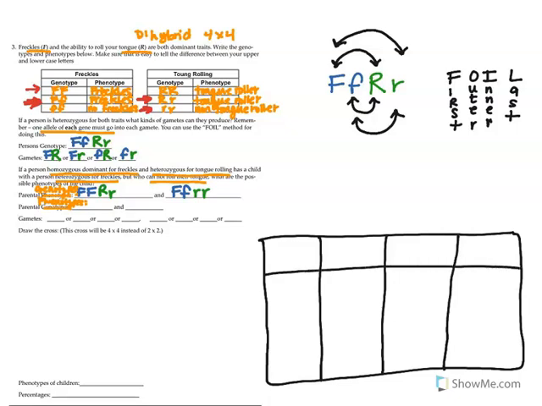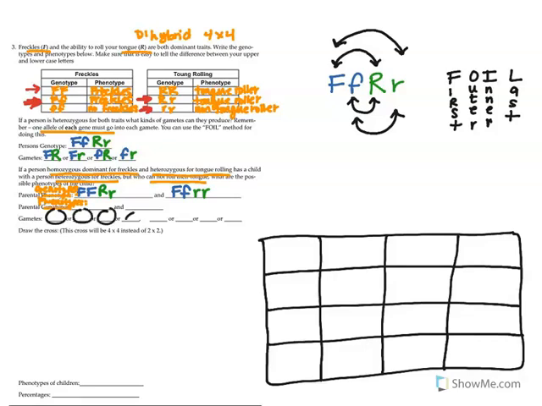So there's 1 row, 2 rows, 3 rows, and 4. Then you're going to write your alleles, your gametes. So each one that you get will go here on top on their respective part. Then each one here will go down here.